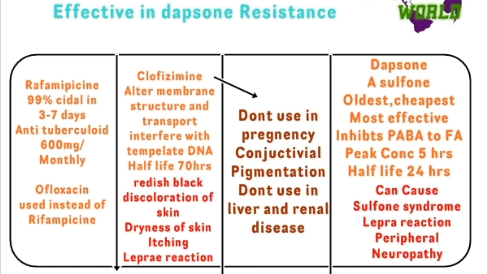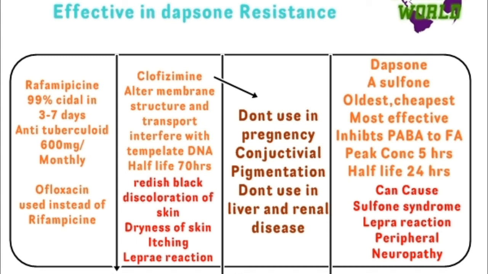Now moving forward, clofazimine actually alters the membrane structure and transport of the bacteria, and also interferes with the template DNA, and it has a half life of 70 hours. Now there are serious adverse effects of this drug.